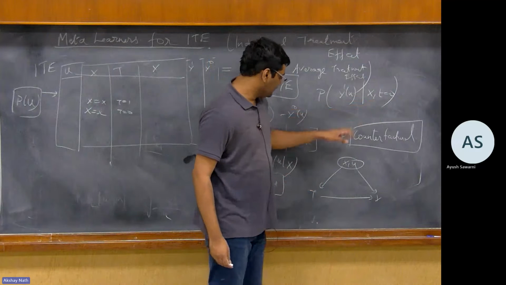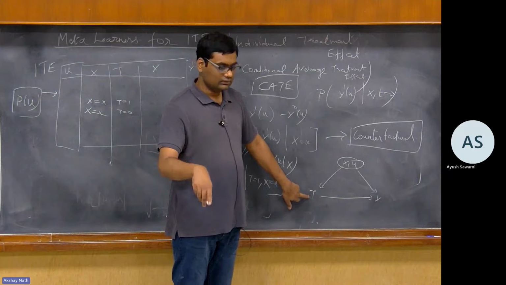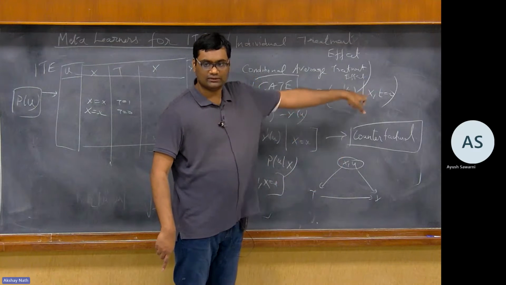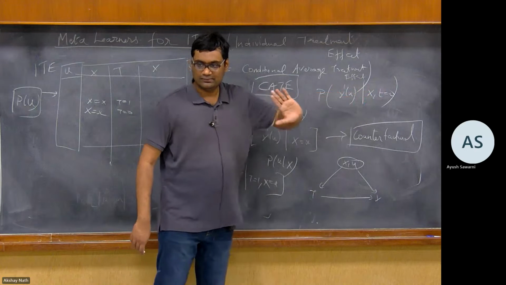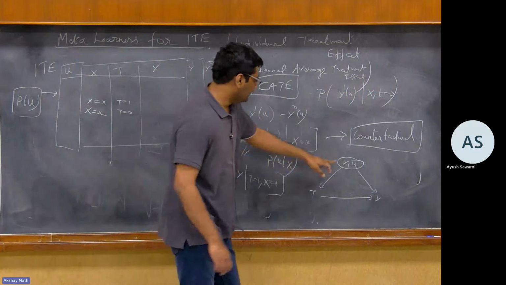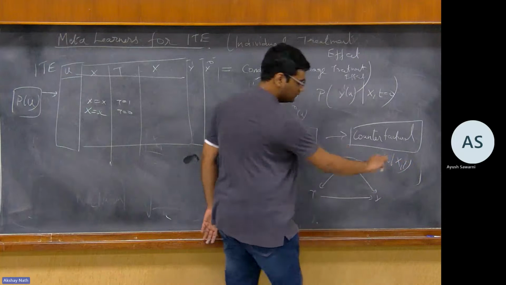This says the person got treated by T is equal to 0. Conditioned on that, now I go back and change the treatment to 1. What will actually happen to that person? This is a more complicated counterfactual, because I am saying P of U gets conditioned further by X comma T.